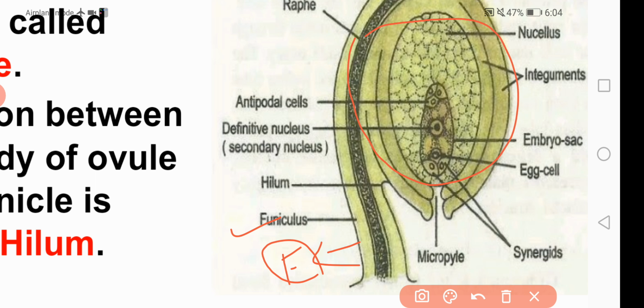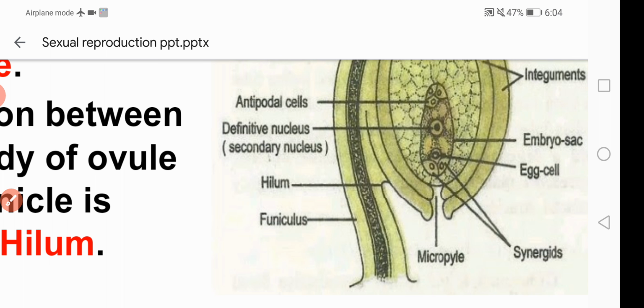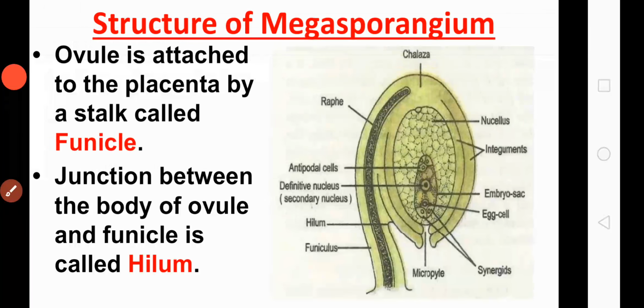The junction between the funicle and the main body of the ovule is called the hilum. So this portion is the hilum. Understood? Hilum is the junction, or the place, between the funicle and the main body of the ovule. Am I clear? Okay, so this is about the hilum and the funicle.